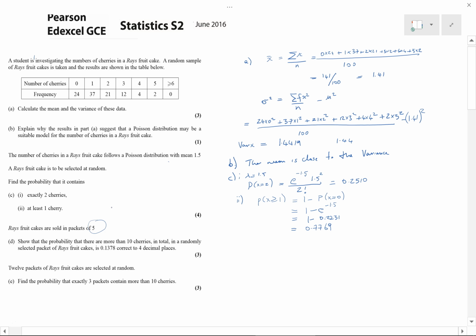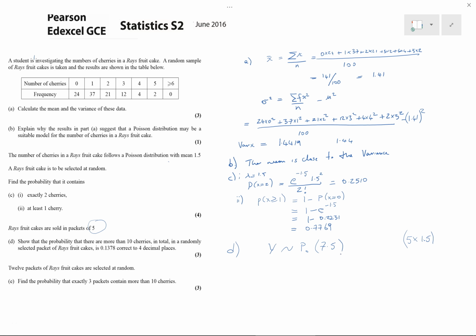So we're going to just say that this time, let's call it y, is Poisson 5 times 1.5, which is 7.5. So that's the distribution we're dealing with.